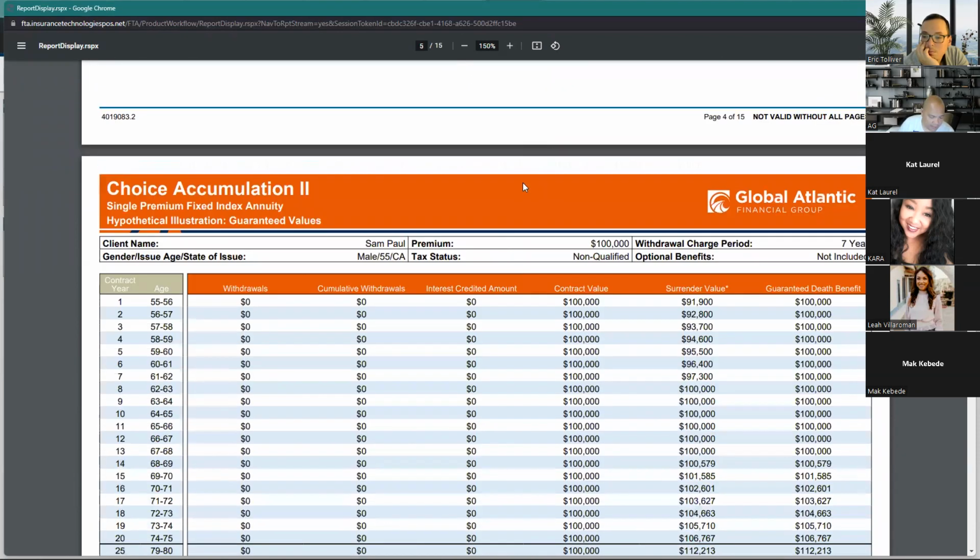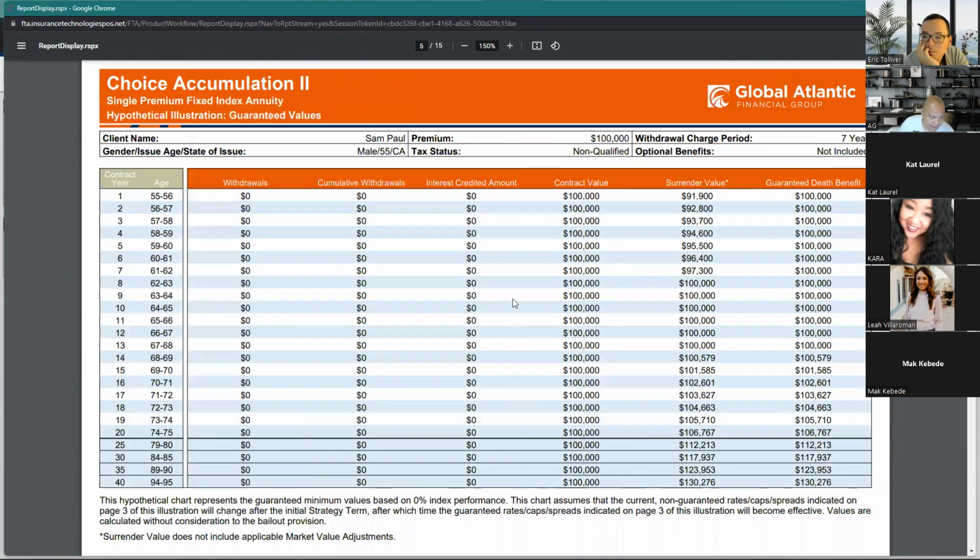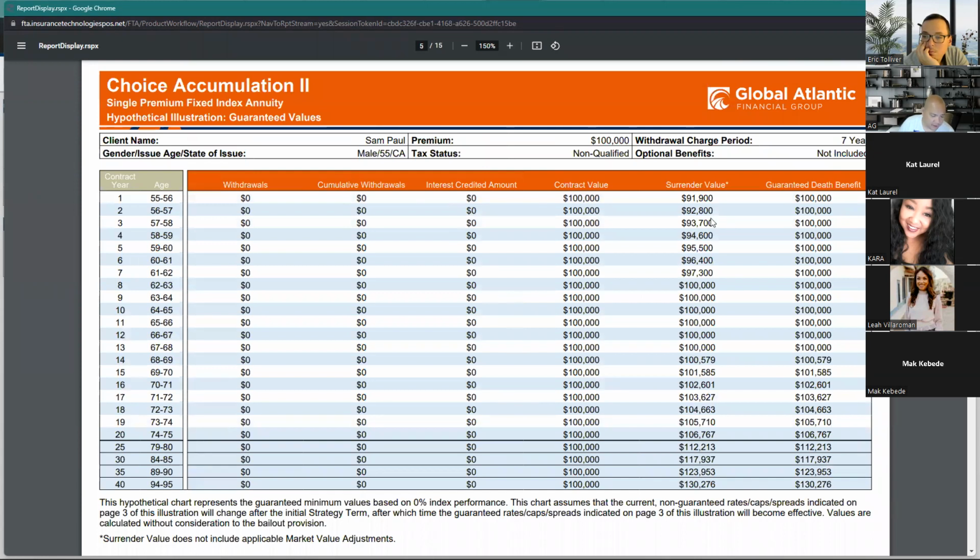So here we go. On this illustration, first things first, they're going to show an illustration where if the index does 0% for the next 40 years, okay?